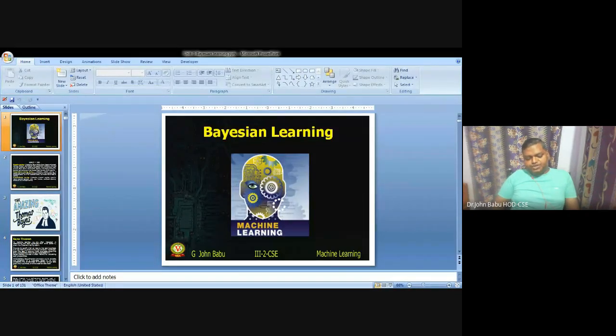Then we have seen how to compare two hypotheses, how to compare two learning algorithms by calculating the true error of those two. And because we cannot calculate true error directly, we calculate the sample error and we express them. And in the previous class, we learned what is paired t-testing. So we calculated the t characteristic from the mean of the differences by standard error.